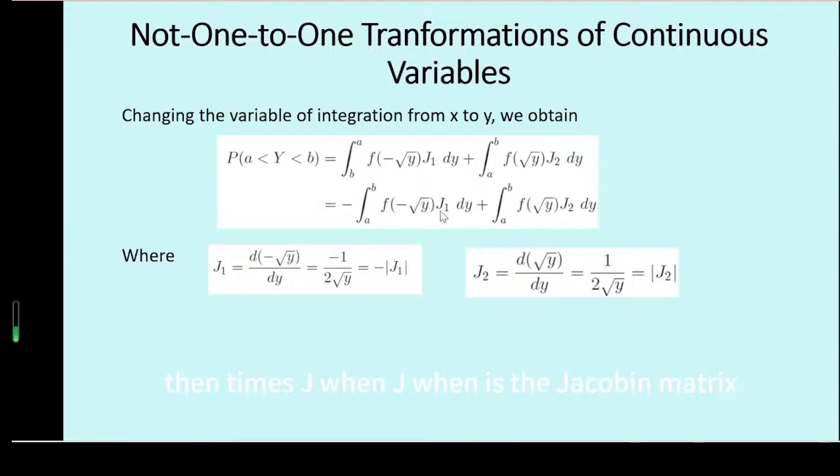J1 is the Jacobian, the derivative of x with respect to y. And similarly here, positive, from a to b, there is a similar term. So this is the Jacobian result.